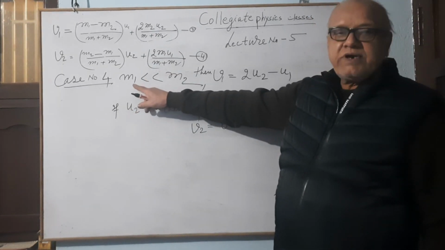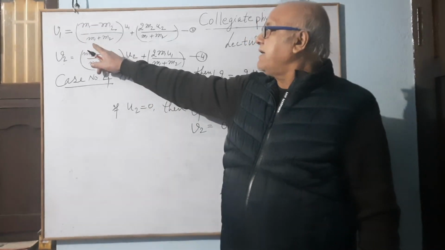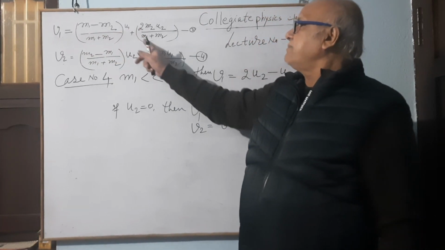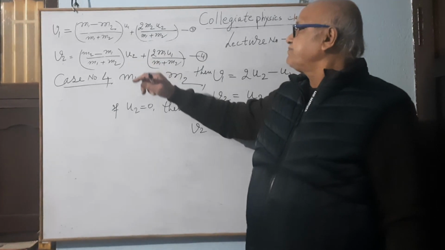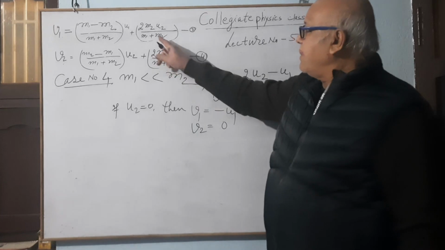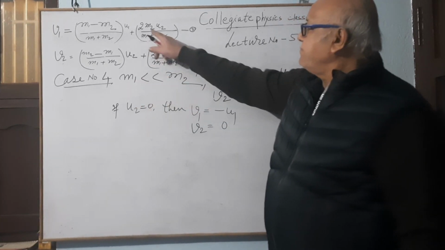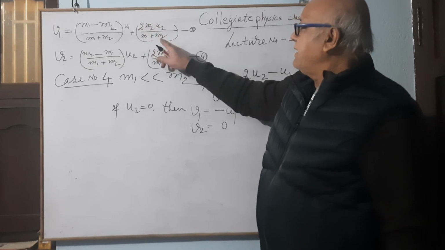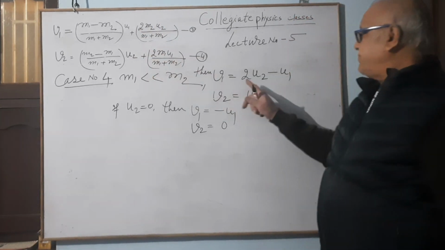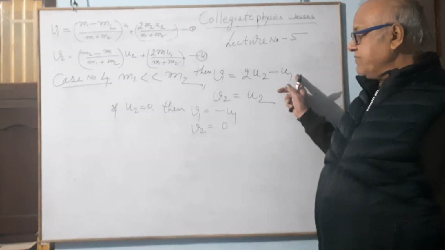In this case, m1 is very small, so this m1 will be neglected. v1 will be equal to minus u1 plus 2u2, so v1 will be equal to 2u2 minus u1.